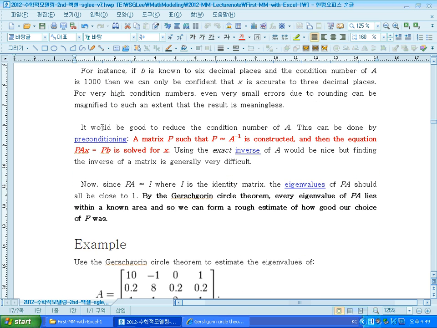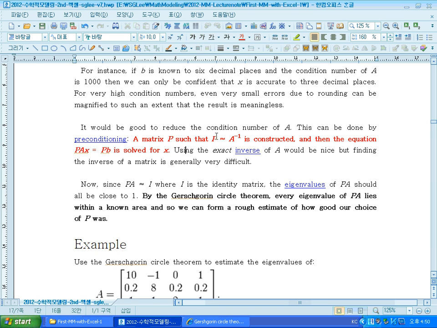It would be good to reduce the condition number of A. This can be done by preconditioning with a matrix P such that P is roughly close to A inverse. If it can be constructed, then the equation PAX equals PB can be easily solved for X.